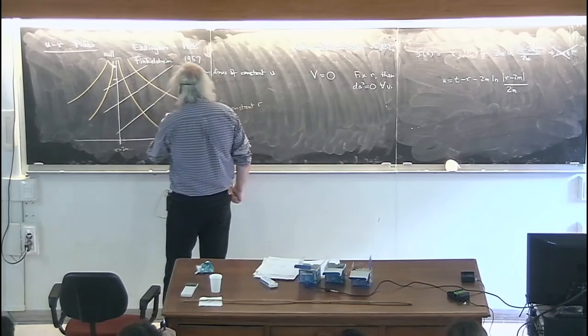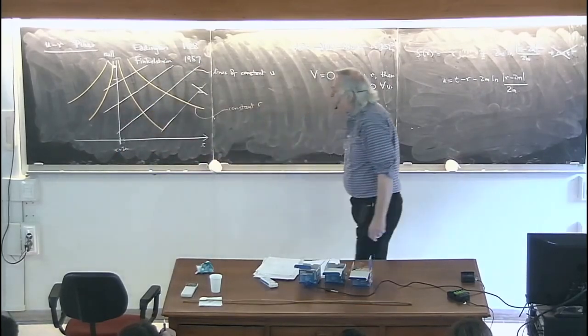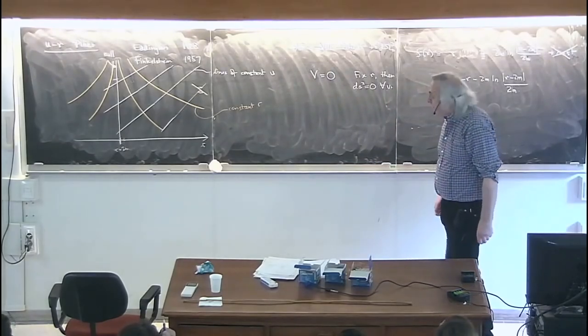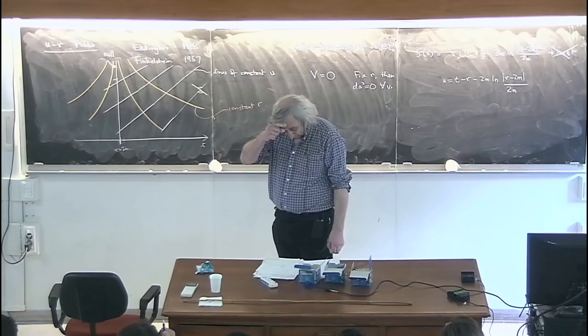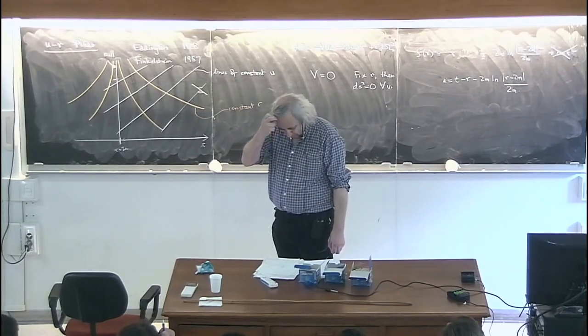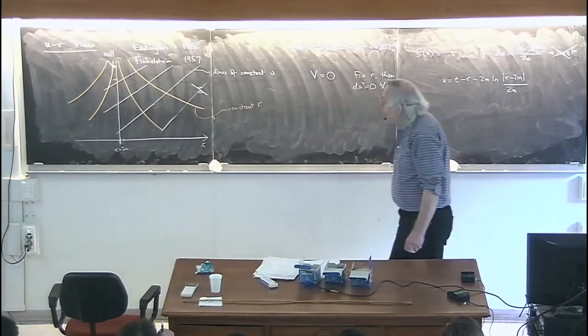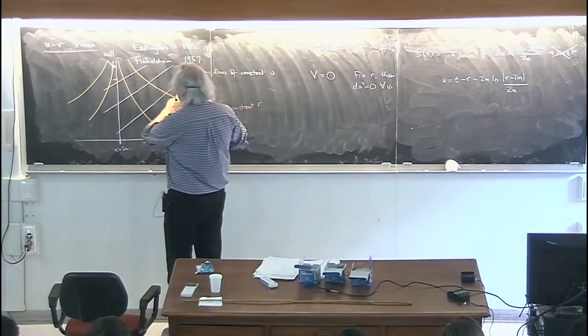So you can see that this line r equals 2m divides the space-time up into two regions. The light cones over here, sort of by continuity, must look like this.